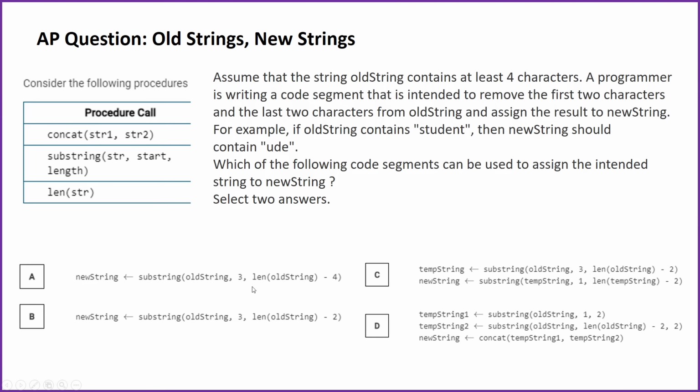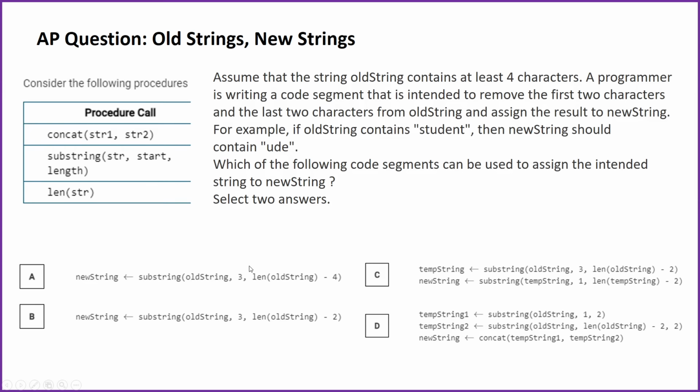So the question is asking, how do you do that? All right. So I think let's answer this. So how could we do this? There should be two answers. Okay. So let's see if this is possible. Old string. Okay. So let's check A. This will give us a substring where we're taking the old string, and 3, which is the starting index, and the length, -4.